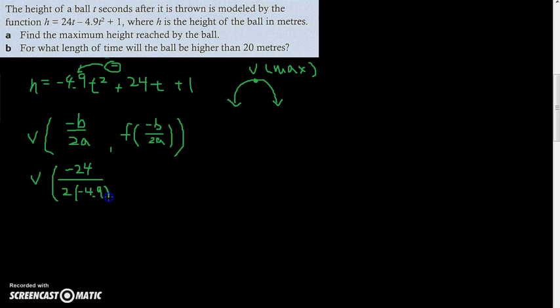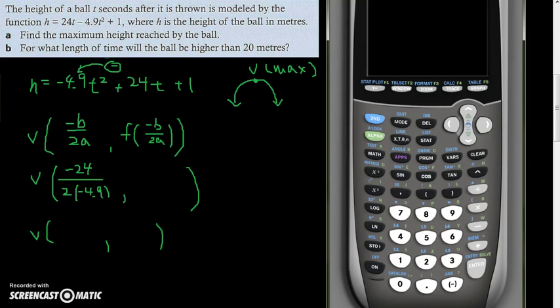That's my x coordinate, and we'll work on the y coordinate later on. I'm going to pull out my TI-84 in a second and put that in my graphing calculator.